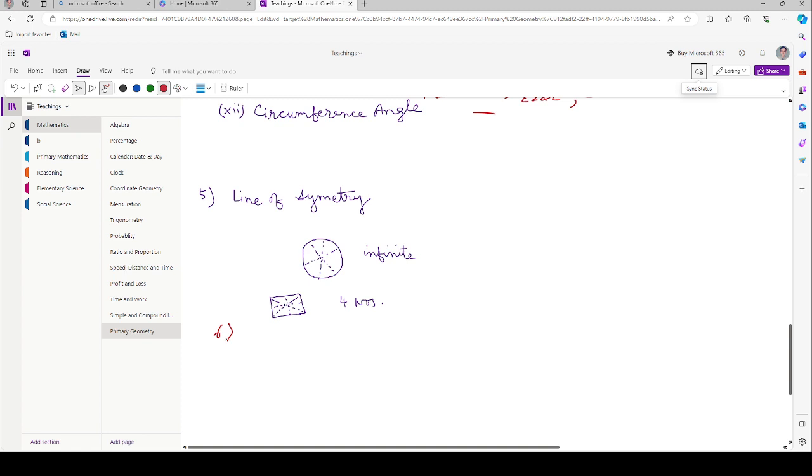Now, we will find the sum of interior angles of a polygon.